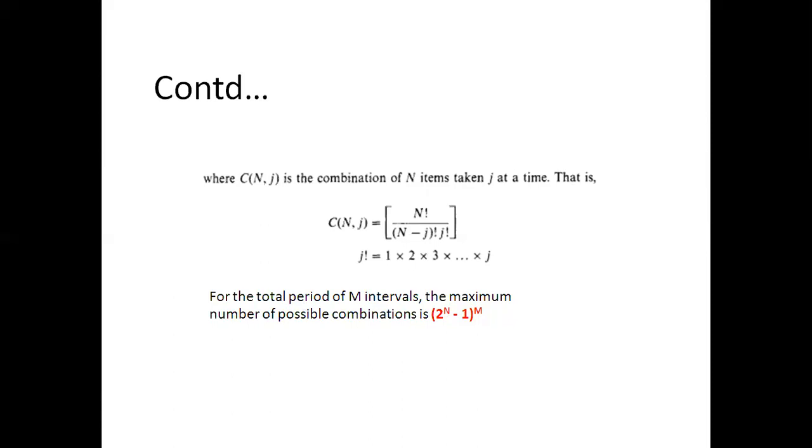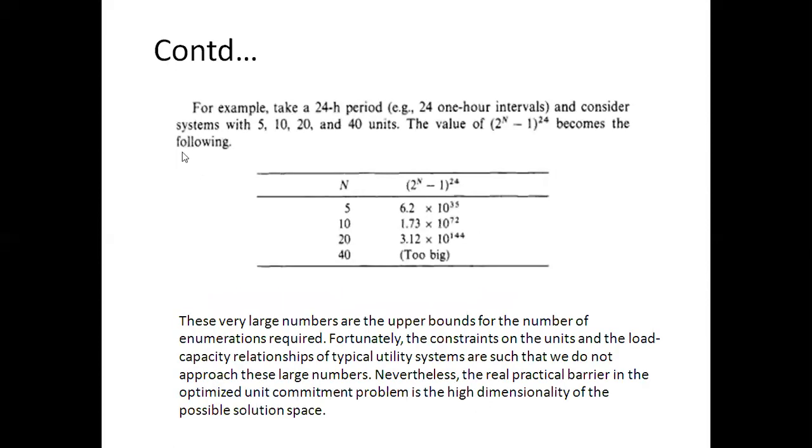Now for the example, if I take the 24 hours combination, that is m equal to 24, and consider the system with 5, 10, 20 and 40 units, that means the n values are 5, 10, 20 and 40, where the m value is 24.